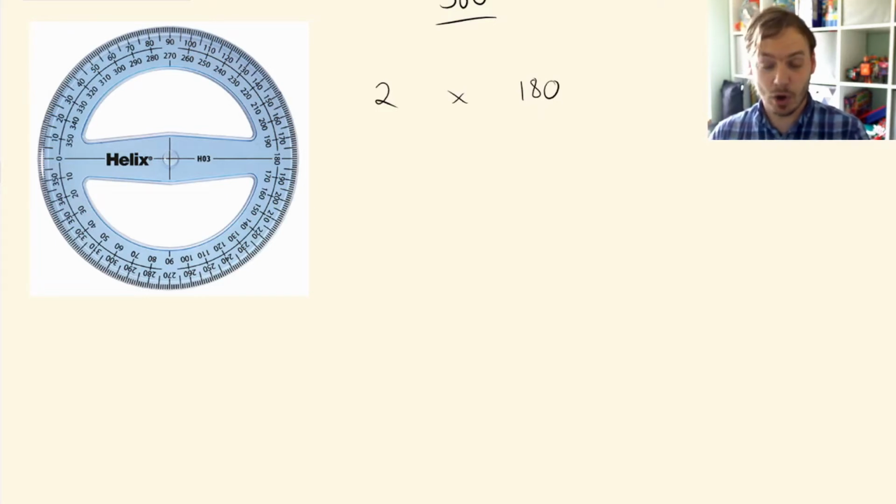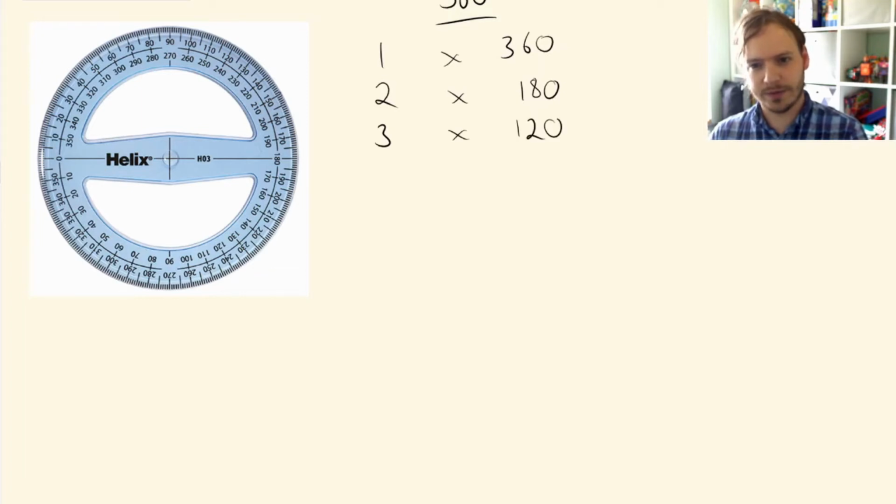But actually I can go an awful lot further than that. If I just really quickly, I say quickly, it'll take a bit of time, list all the factors of 360. I've got 1 times 360, 2 times 180, 3 times 120.